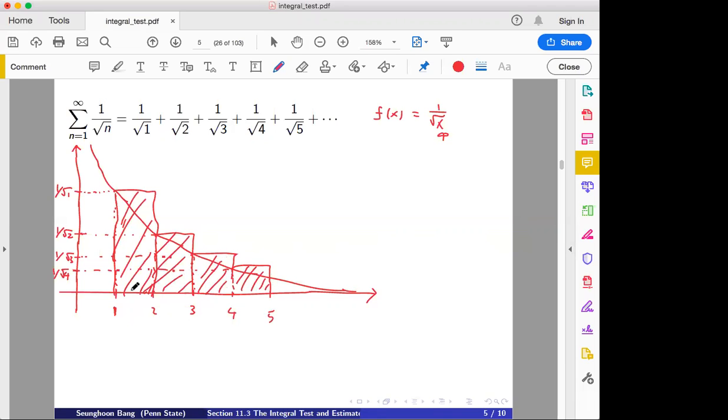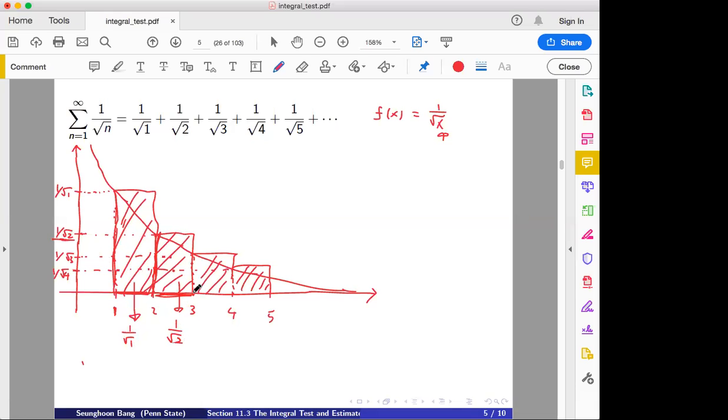So keep going. What is the area? 1 times the height, and this height is 1 over root 1, so the area is 1 over the square root of 1. Similarly, 1 times the height 1 over root 2.